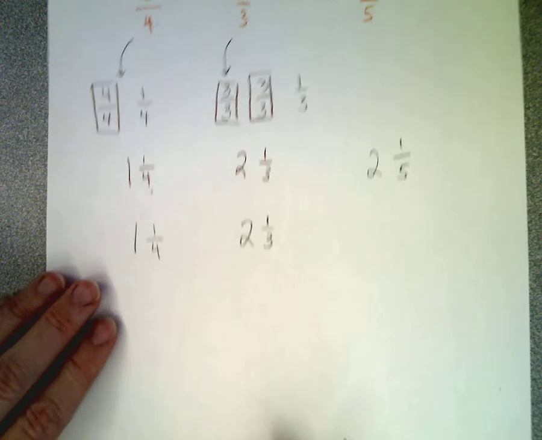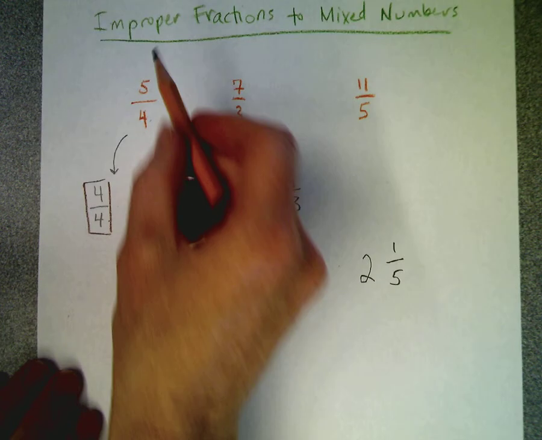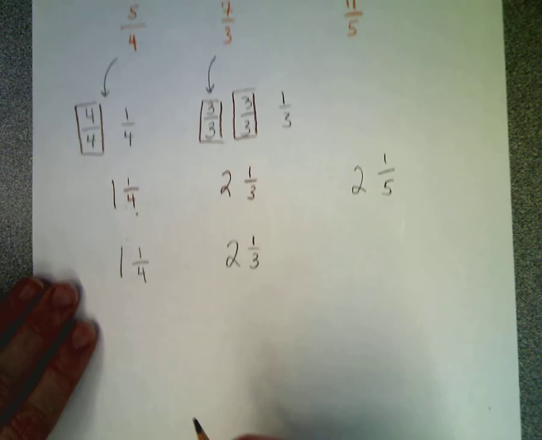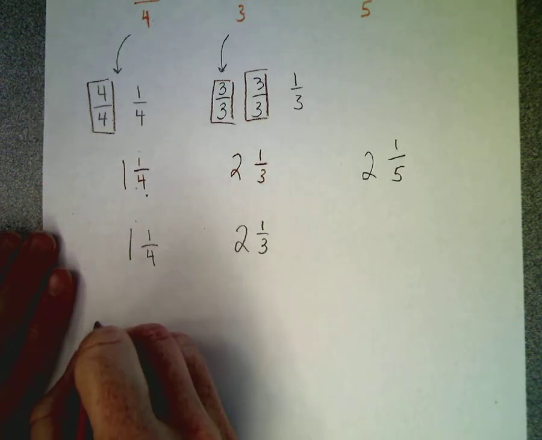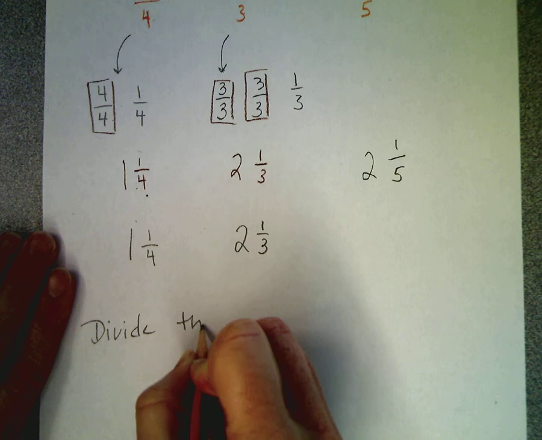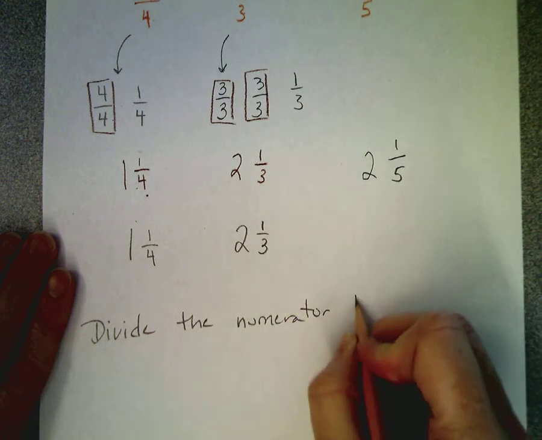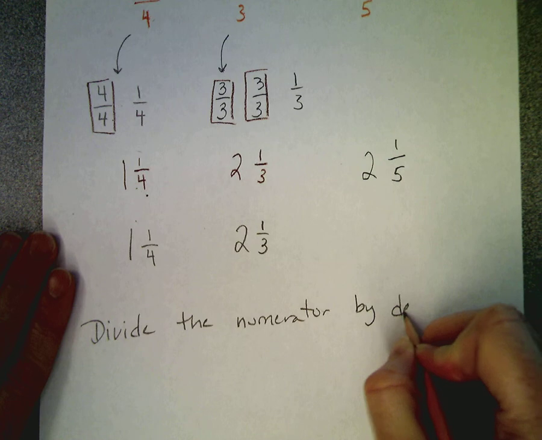So what I would say is sort of a way for you to think about this, if you want to go from an improper fraction to a mixed number, is that you can divide the numerator by the denominator.